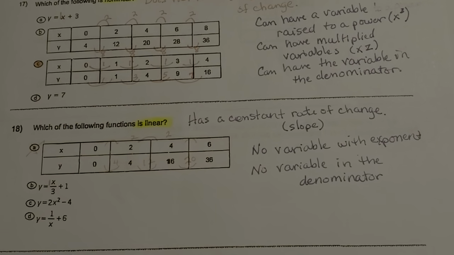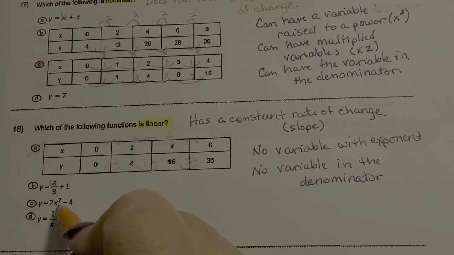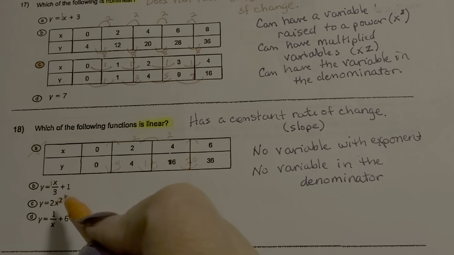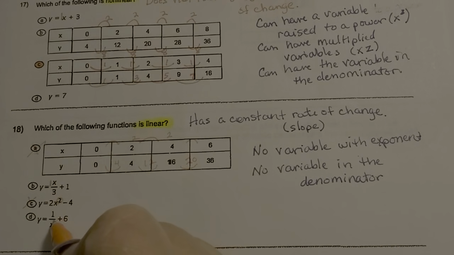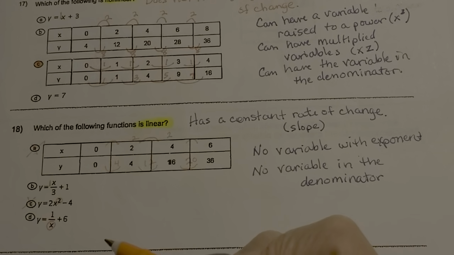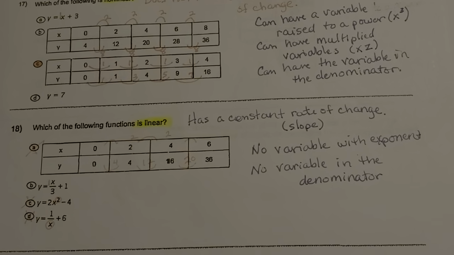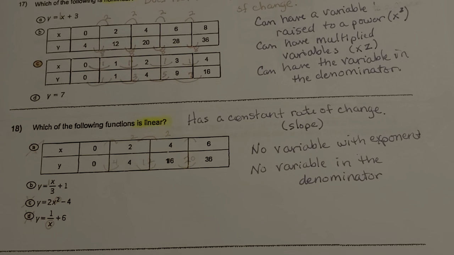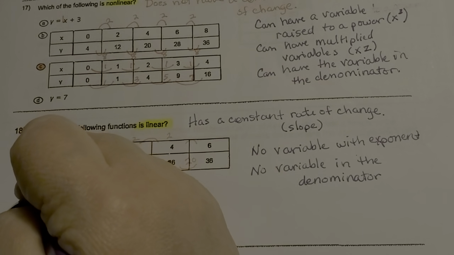The x is in the numerator, not the denominator, so that is linear. But let's go ahead and check the others. C has an exponent, which means it's not linear. And D has a variable in the denominator of the fraction, which makes that nonlinear. So my linear function is B.